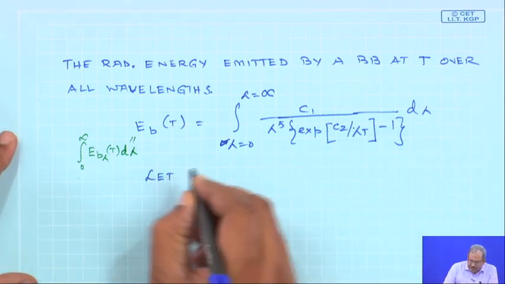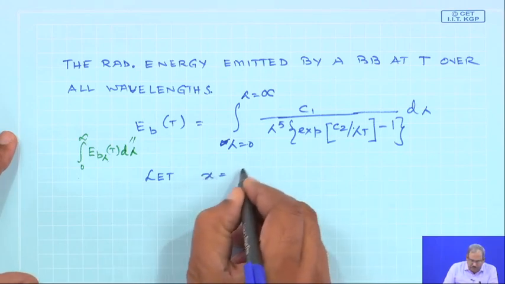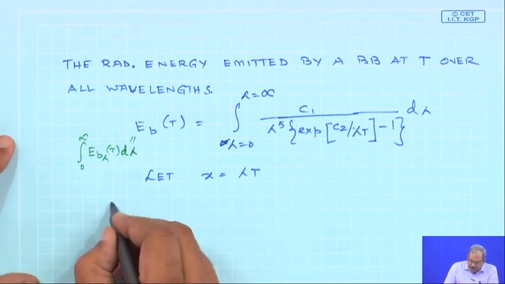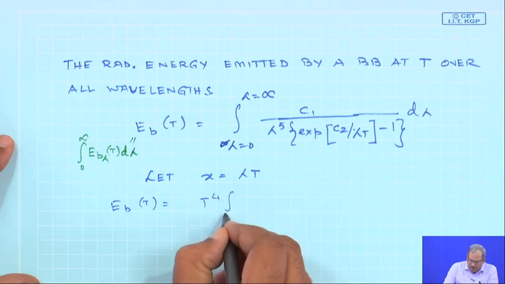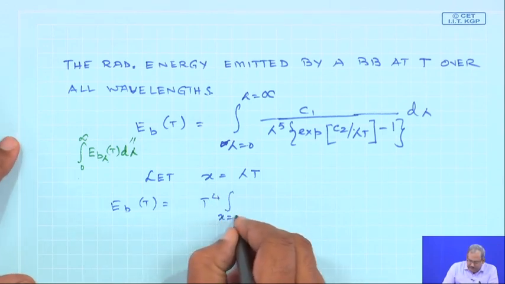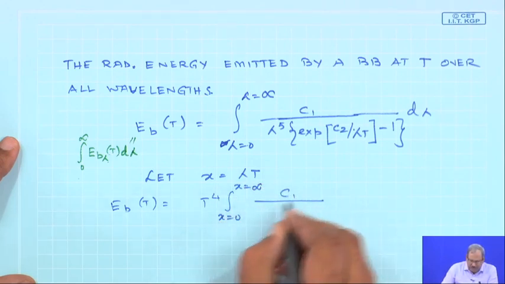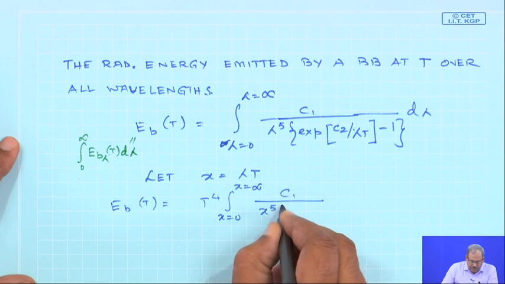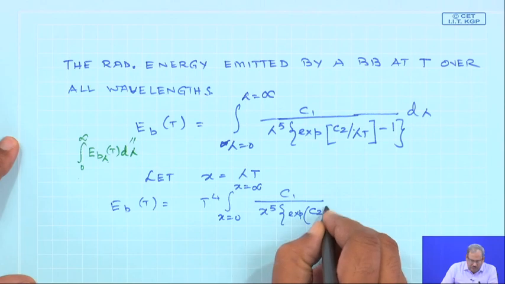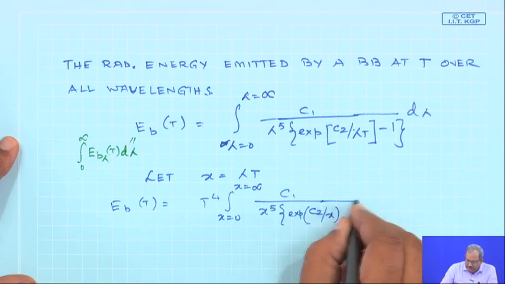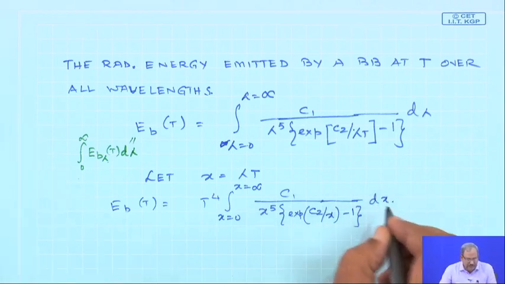This integration can simply be evaluated by letting some quantity x equal lambda times T. So, your E_b T is going to be equal to T to the power 4, integral from x equals 0 to x equals infinity, C1 by x to the power 5, exponential C2 by x minus 1, times dx.